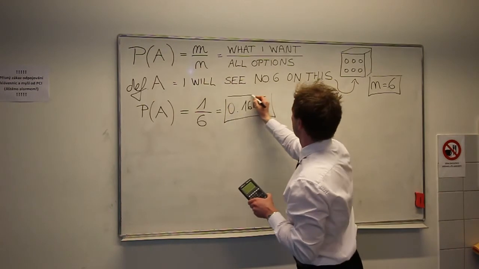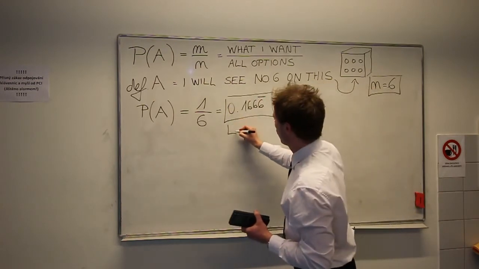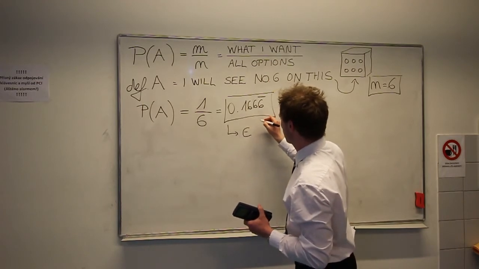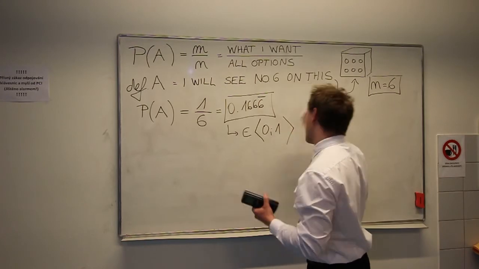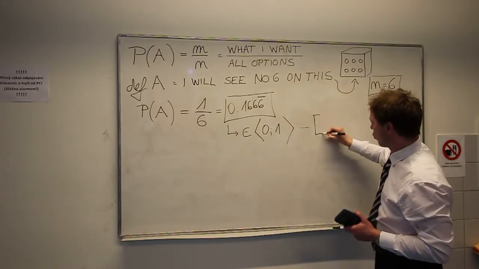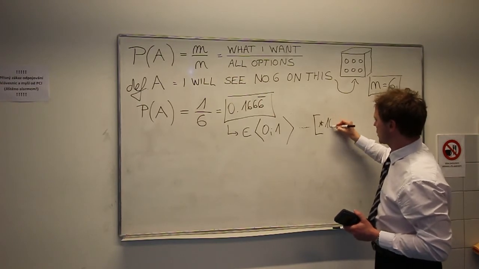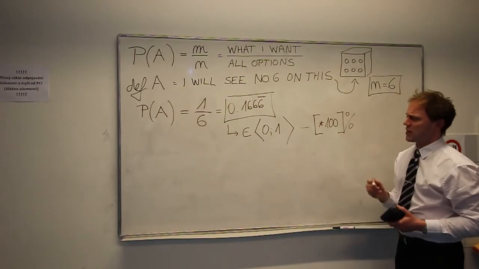This is the final result, because probability is a value from the range 0 to 1. But for interpretation, it's possible to multiply this by 100 and interpret in percent.